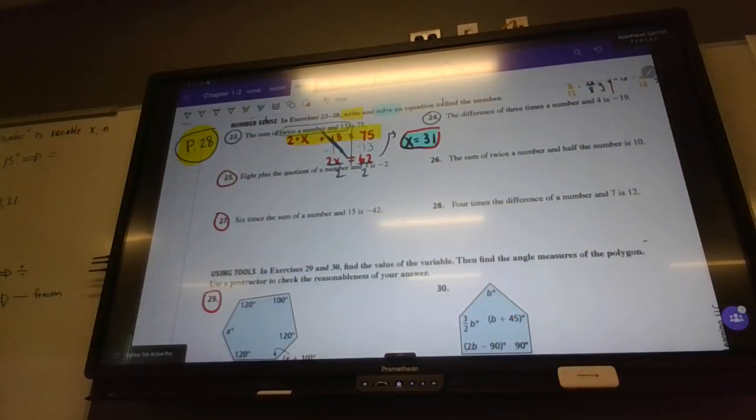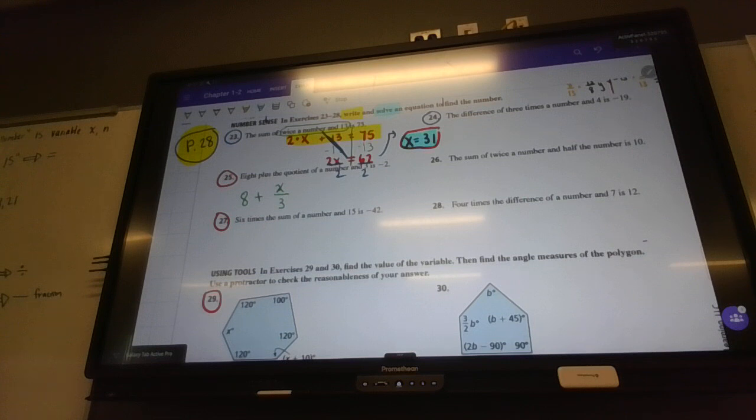So let's start with the 8 plus. 8 plus the quotient of a number and 3. For quotient, I like to do the fraction. So I'm going to put x over 3. And you could do x divided by 3. But to be honest with you, the fraction format's actually a little bit easier with solving.